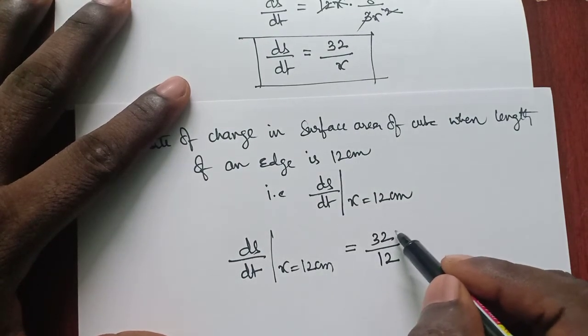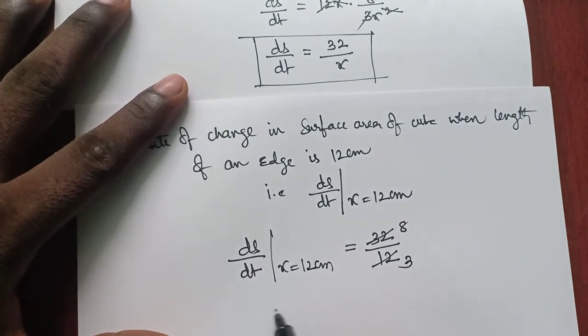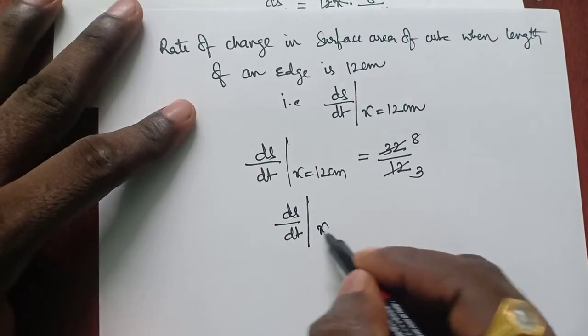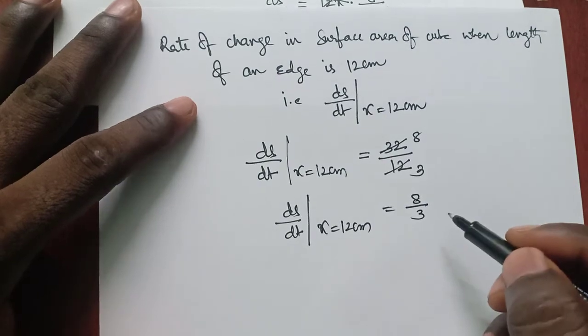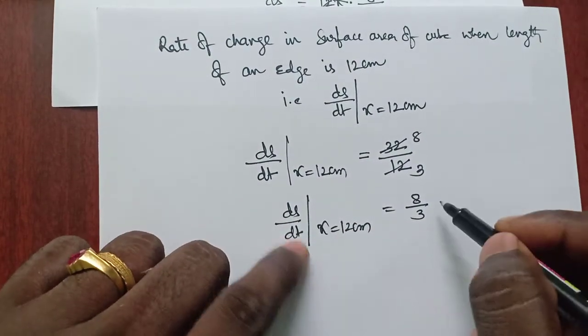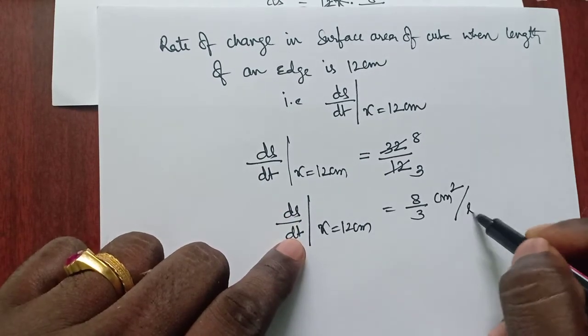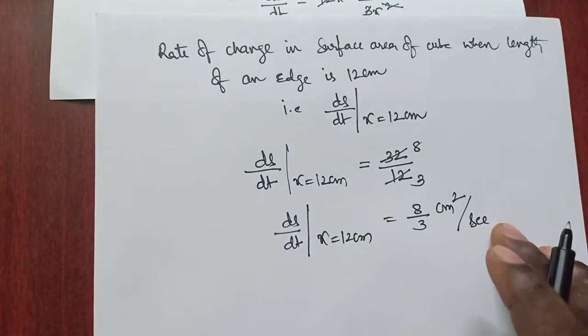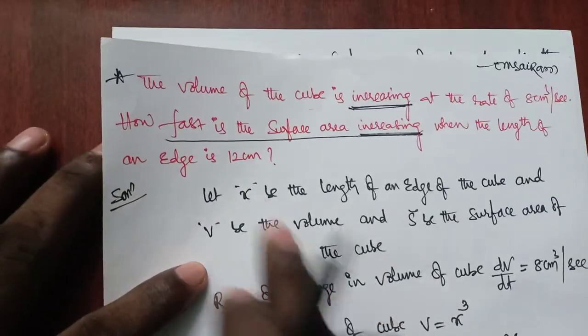So 4 8s are 32 and 4 3s are 12, so clearly ds by dt at x equal to 12 centimeters equals 8 by 3. And the units: rate of change in surface area with respect to time. The surface area units are centimeter square per dt, which means per second. So what did we need to find?